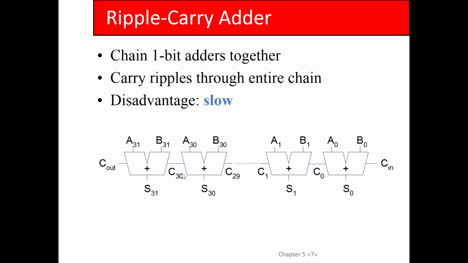We want to be able to have adders that work faster. Why? Because adders are the building blocks of multipliers, right? And comparators, and dividers, right? In fact, just about everything you do in a processor does an add. Even load and store operations have to do an add, because they have to calculate the address that you're loading or storing to. Branch instructions have to use an adder so they can do a comparison.